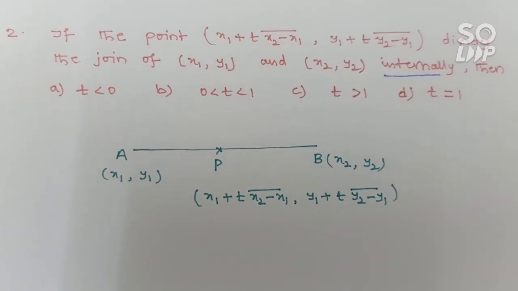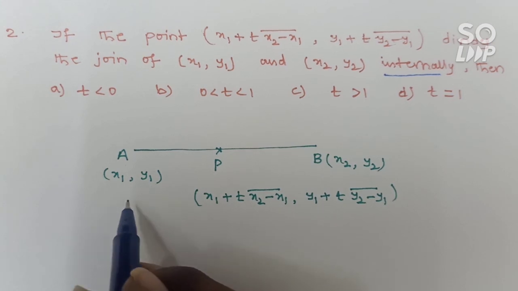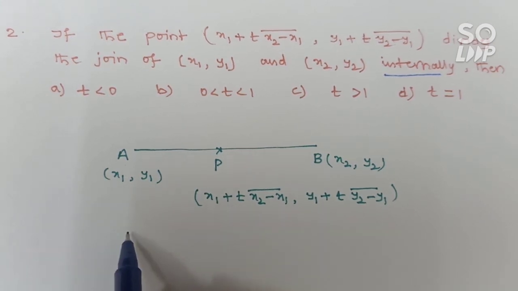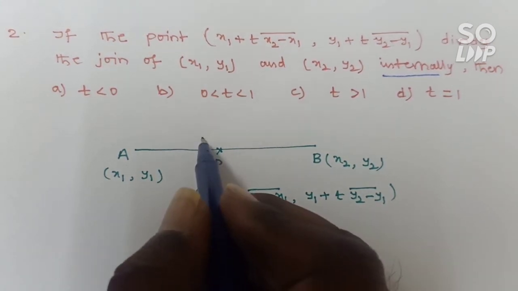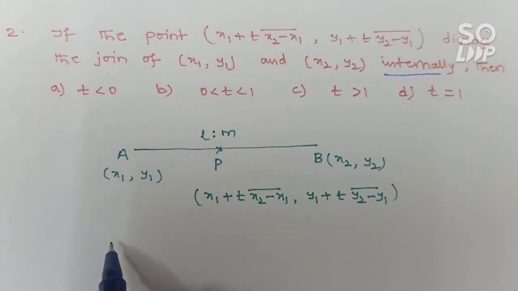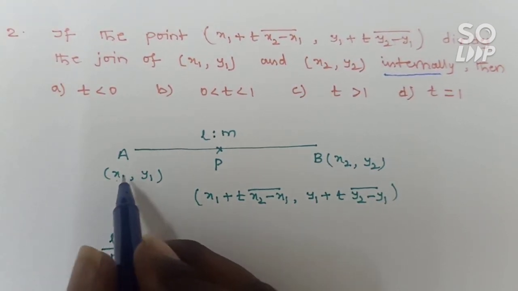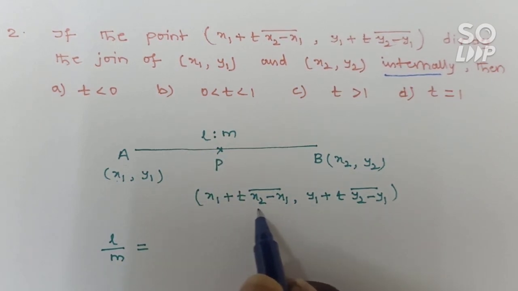Now first you find the ratio. What is the ratio formula? Let this ratio be L is to M. So now you write L by M is equal to x1 minus x, where x means this one.